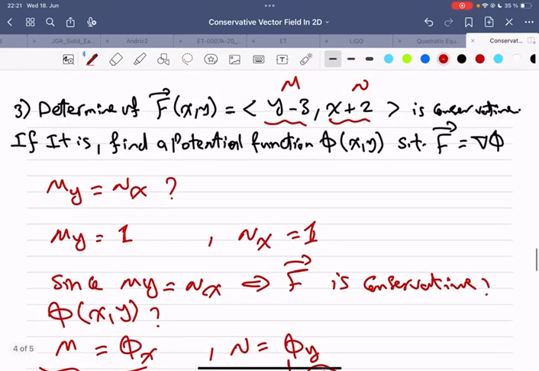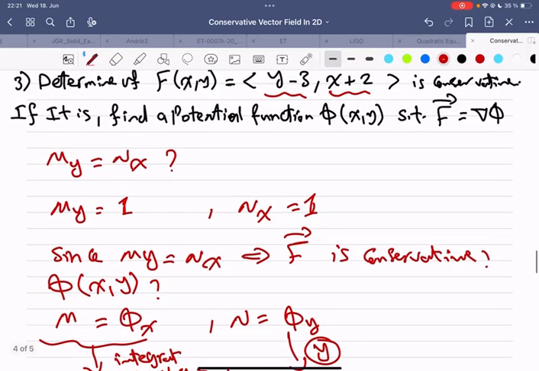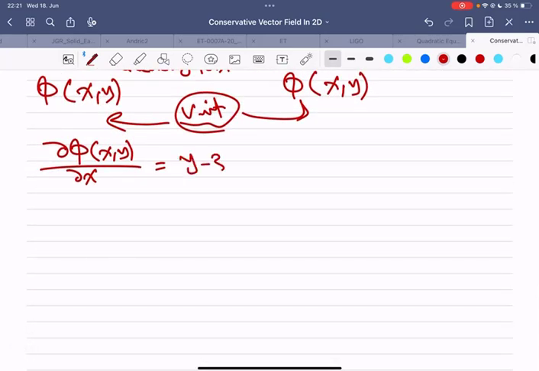Here, m is y minus 3, so d phi xy by dx equals y minus 3. If we integrate this according to x, it will be xy minus 3x.